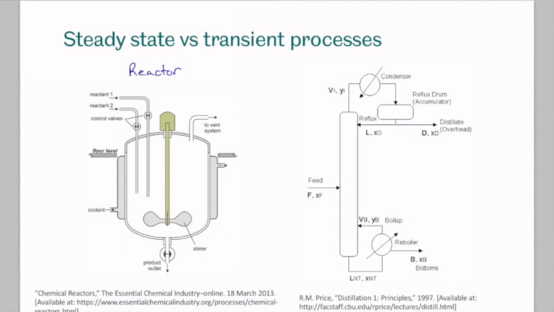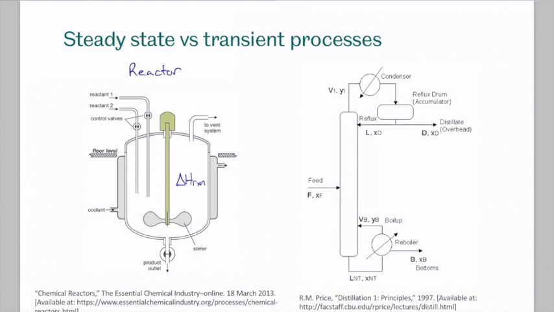So for a batch reaction, the enthalpy of reaction is going to be changing the temperature of the reaction, and so that's why you would put a cooling jacket on it to try and maintain an isothermal temperature. Whereas a continuous process, you might actually be able to design it so that it doesn't need a cooling jacket, so that it's exchanging heat with another part of the process.